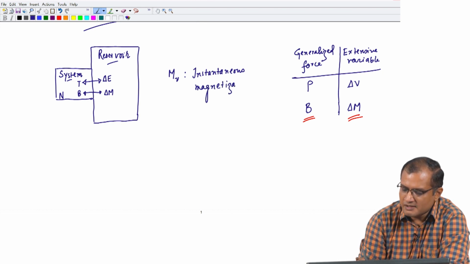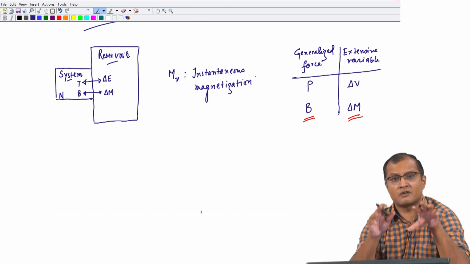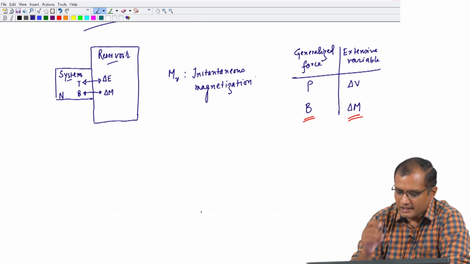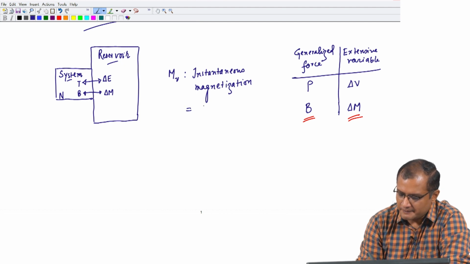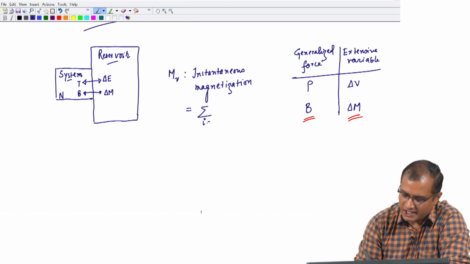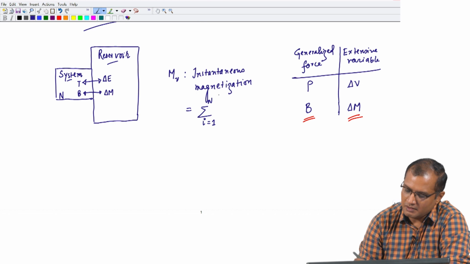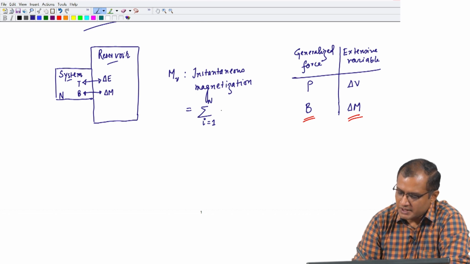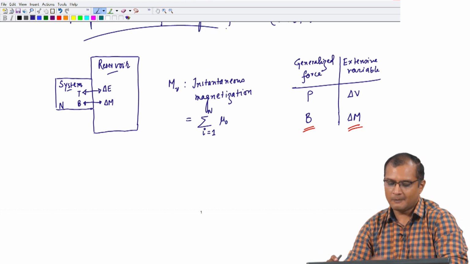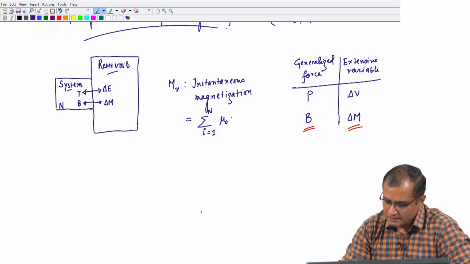This instantaneous magnetization is nothing but the magnetization of that particular state that you are observing at any instant. Okay. And this is given as a summation over all the spins that I have taken, so i runs from 1 to n, of the Bohr magneton or magnetic moment per unit spin into the excitation of a particular spin.